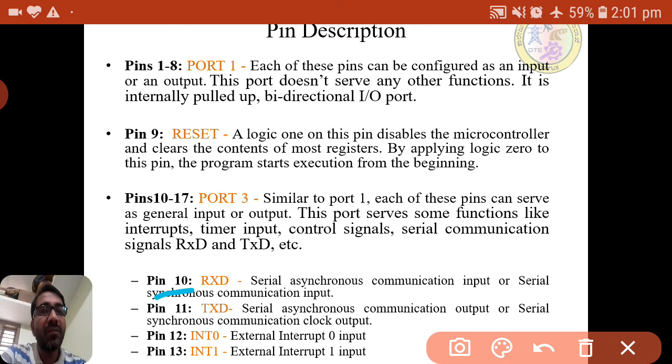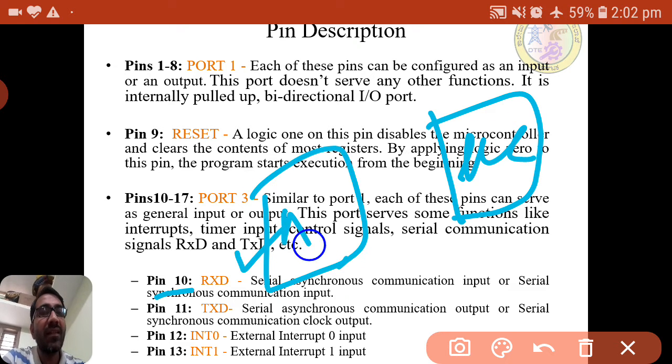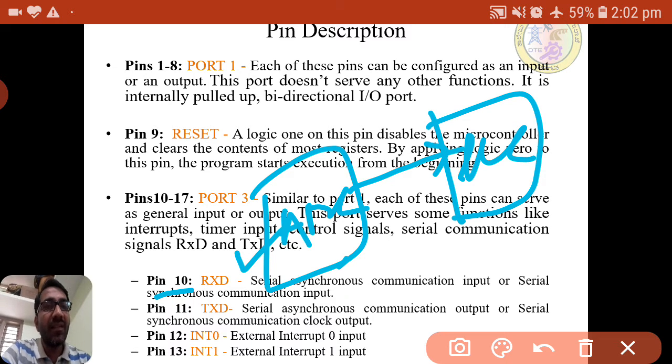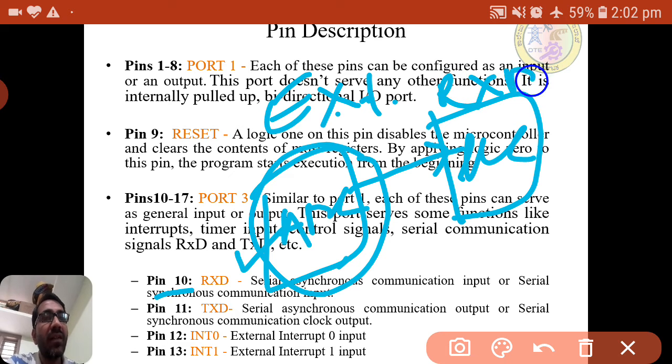Pin number 10 is the receiver. The receiver pin means if the microcontroller is connected to an external device like an ADC, it will receive the serial data from the external device, which is given to RxD.